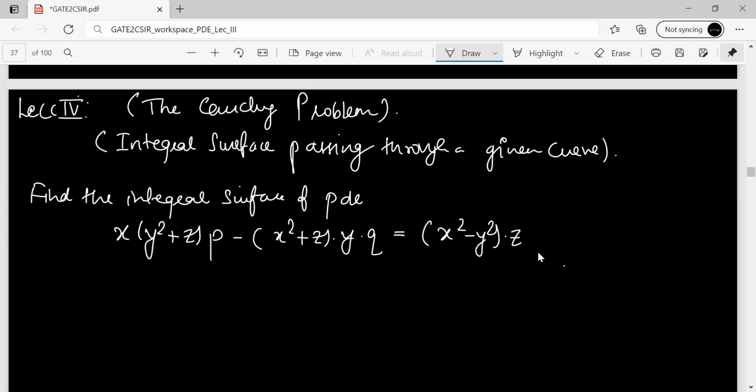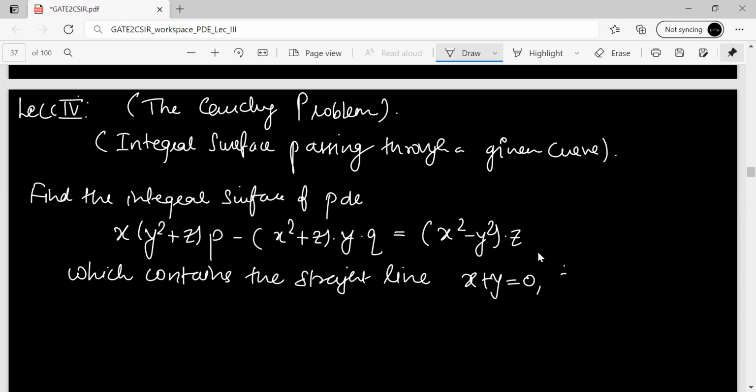So find the integral surface of the PDE which contains the straight line x plus y equals 0 and z is 5.